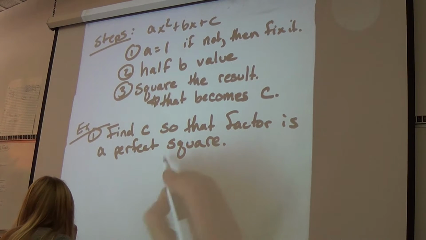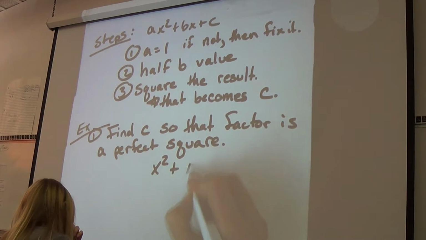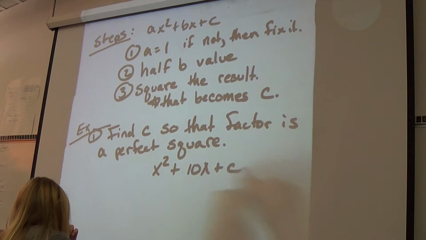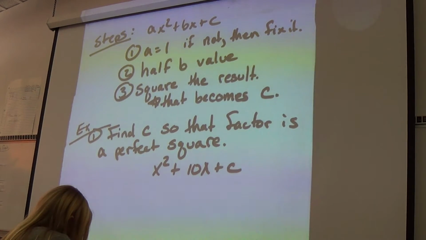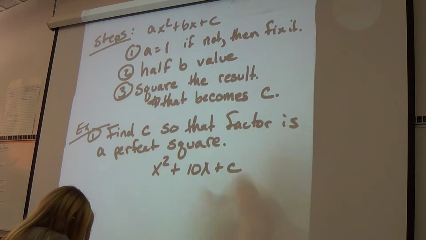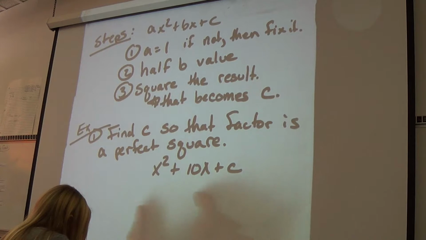And our problem is going to be x squared plus 10x plus c. So we don't have that back there. So as I'm solving this, I want to figure out what number do I need to put here so that if I factored it, it would come out with the same two parentheses.